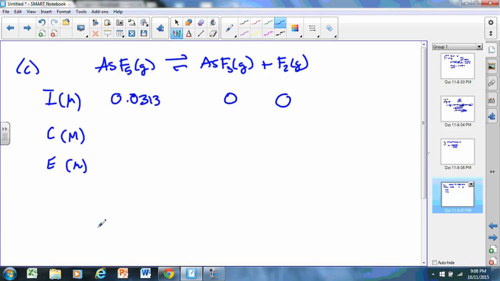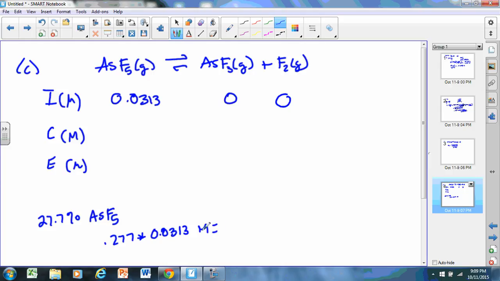The interesting thing is they say that 27.7% of the AsF5, when equilibrium is established, 27.7% of the original number of moles of AsF5 have decomposed. So I'm going to take 0.277 times 0.0313 molar.